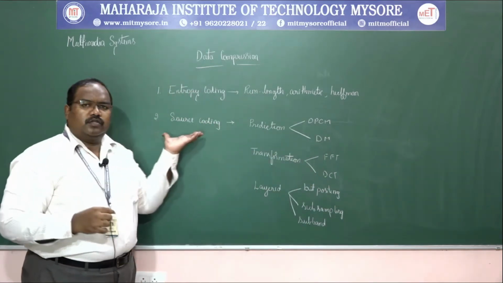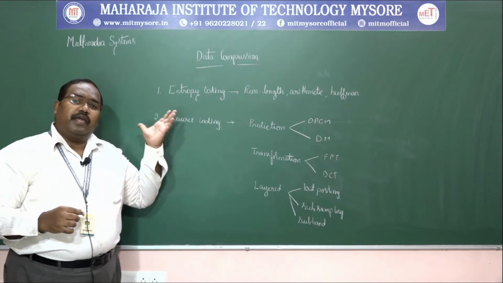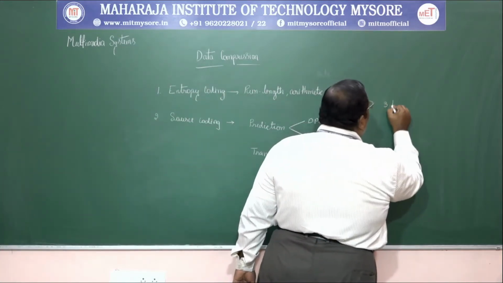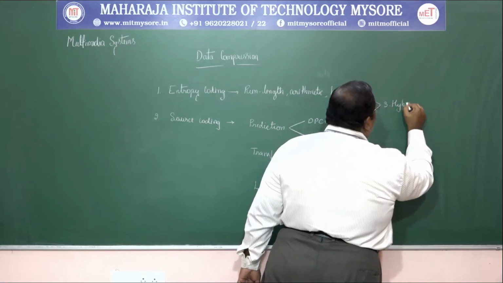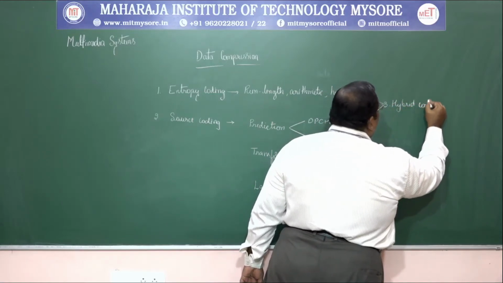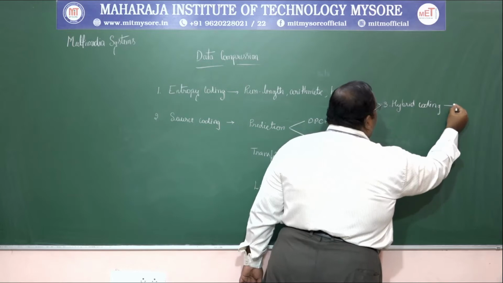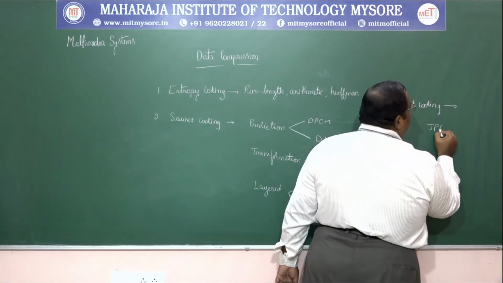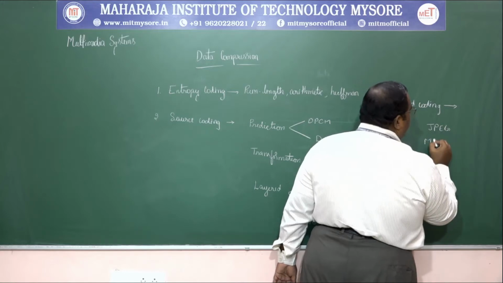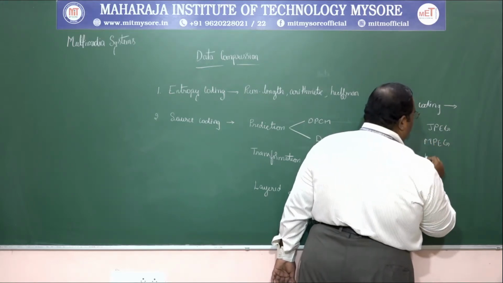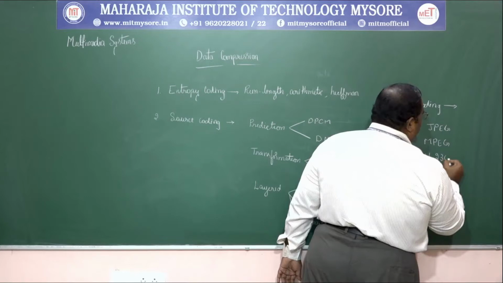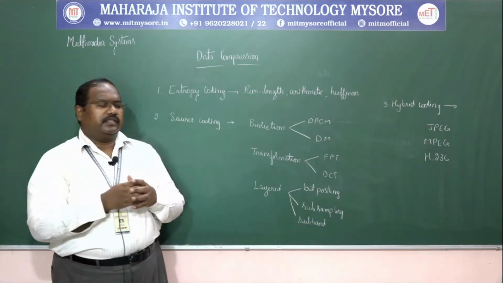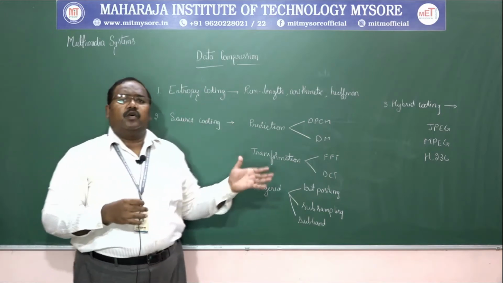So this is about the source coding technique, and we have one more thing in addition to these two, that is the hybrid. Here we discuss the JPEG, MPEG, H.261 and many other formats. So these are the different codings.